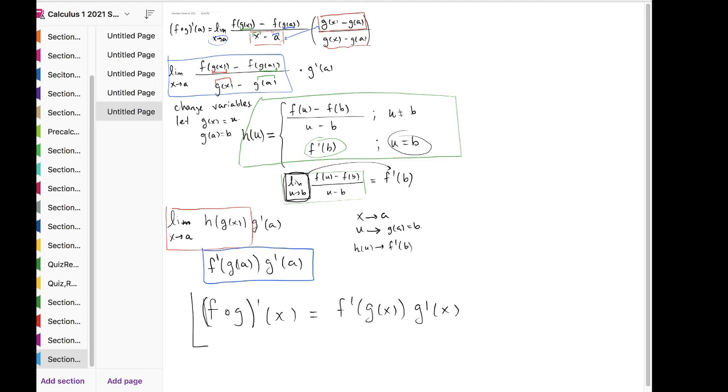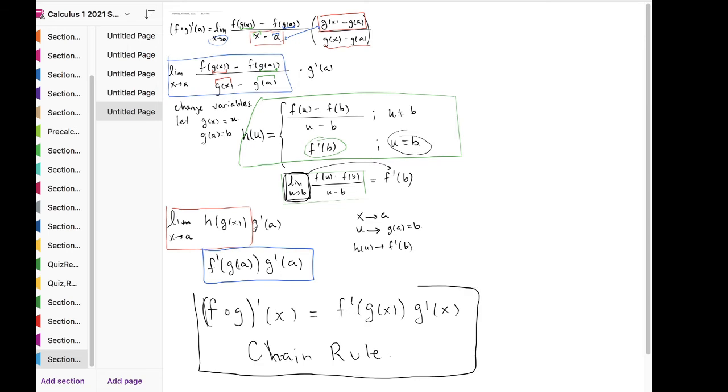This is called the chain rule. It may look intimidating, but as we do examples, it will get less intimidating. So any questions on that? So let's just do some examples to get our feet wet.